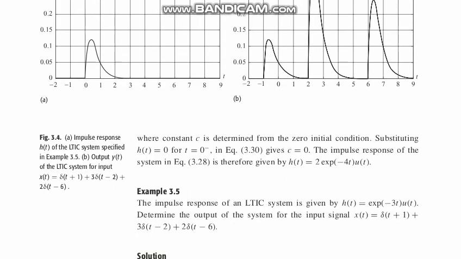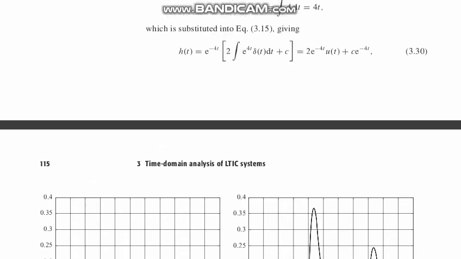So where the constant c is determined from the zero initial condition, substituting h(t) equal to 0 at t equals 0 minus gives c equals 0, the impulse response of the system is therefore given by this. That means if you want to find the zero initial condition, what is the zero initial condition?